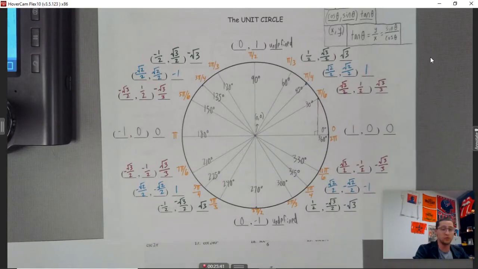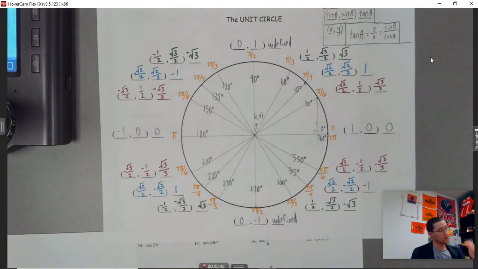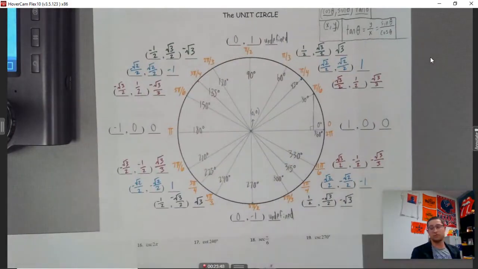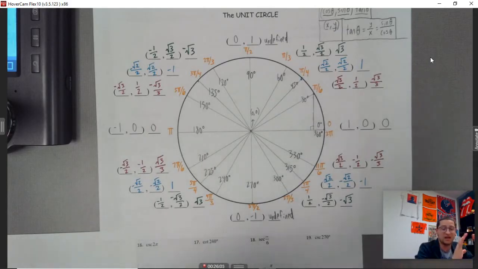Honestly, if that's the approach you want to take, I'm okay with that. If you're just like, boom, I've got this quadrant down, and I just fill in the gaps from there, perfectly cool with me. But it's a brain thing, and you've got to think about what way works best for you. There are a million different ways to think about this on YouTube. There's got to be some explanation out there that works best for you. So I'll leave it to you on how to understand it and know it.